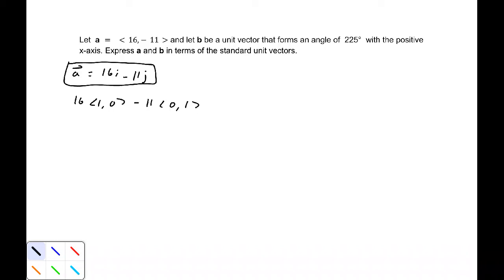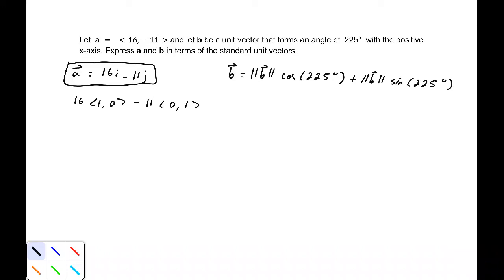Now for vector B, we know that we can write this as the magnitude of vector B multiplied by cosine of 225 degrees, plus the magnitude of B multiplied by the sine of 225 degrees.